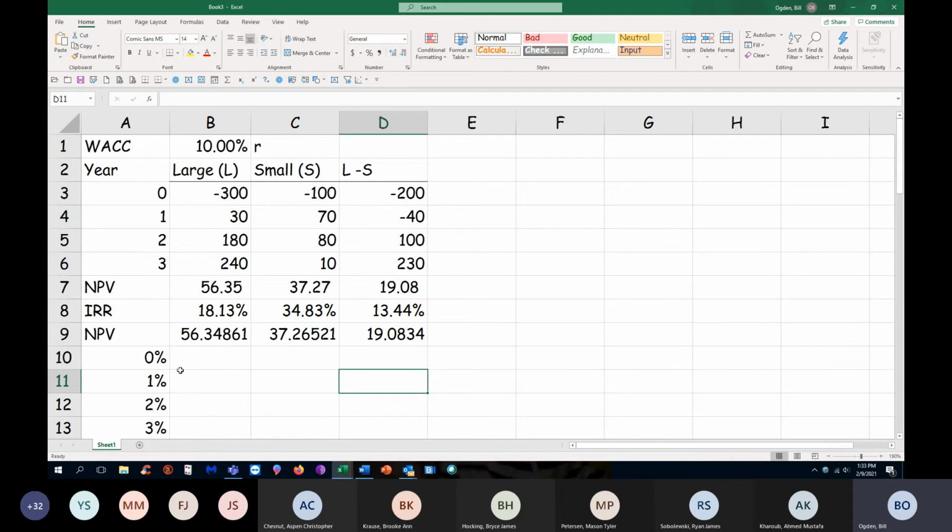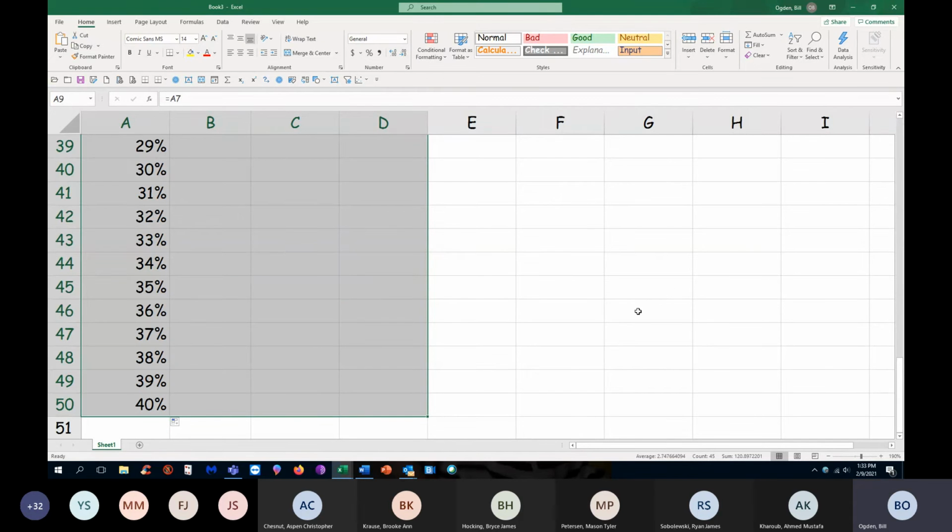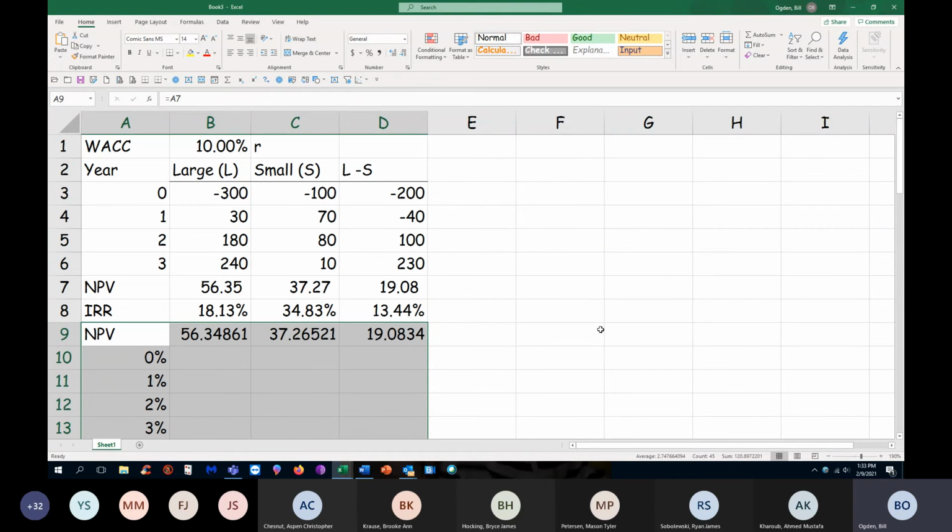Okay, so the first thing we'll do, highlight the first 4 cells of this row. Just highlight those. Can we do that? All right, then, at least in the PC environment, I'm not so sure in the Macs, if I hit Shift, Control, down arrow, it highlights the whole range.